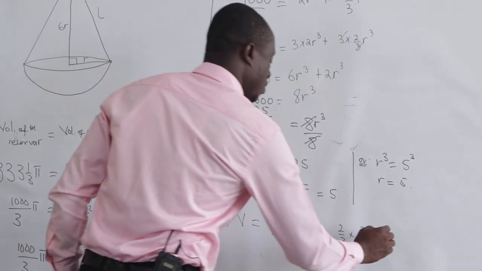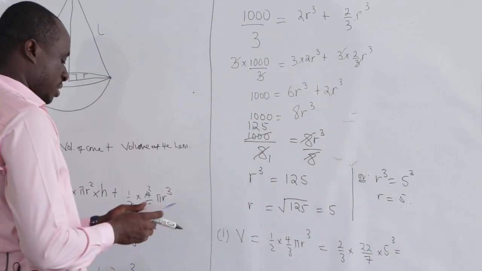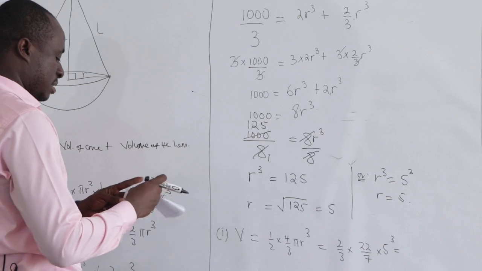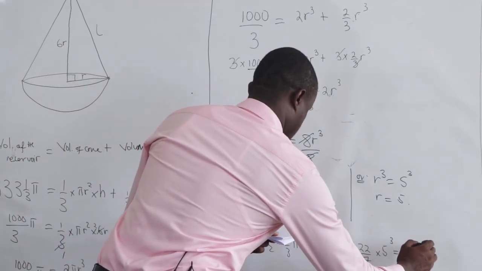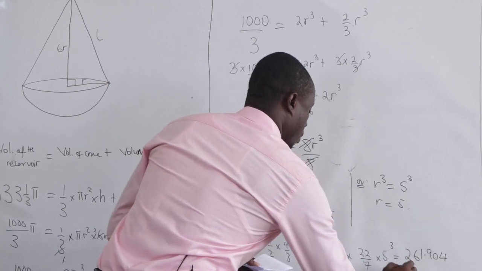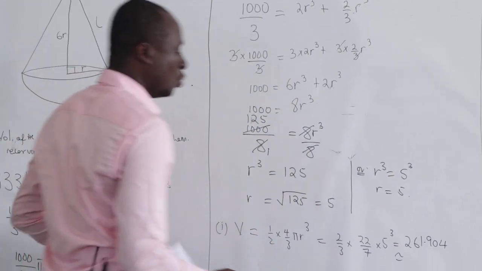What is the radius? The radius is 5 to the power 3. Now, when we punch this on the calculator, this will give us 261.904. But then the question says that it should be to the nearest whole number.